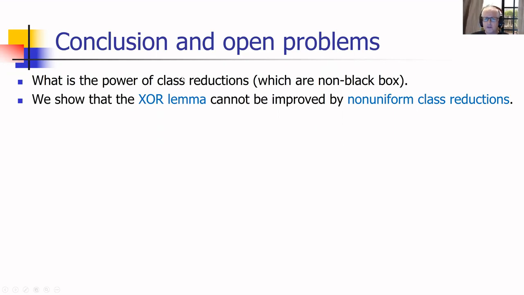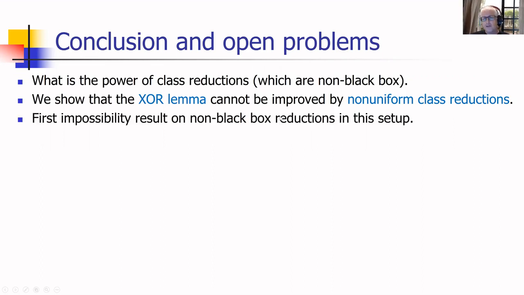But what we show in this work is that at least in the setting of the XOR lemma, it cannot be improved by class reductions, even if they are non-uniform. And for me, the significant thing in this work is that it is the first impossibility result on non-black box reductions, at least to the best of my knowledge, in the setup of Yao's XOR lemma. So it demonstrates that we can show limitations on some non-black box reductions.